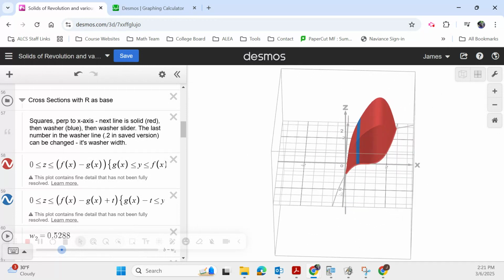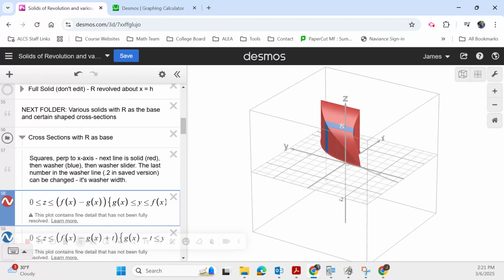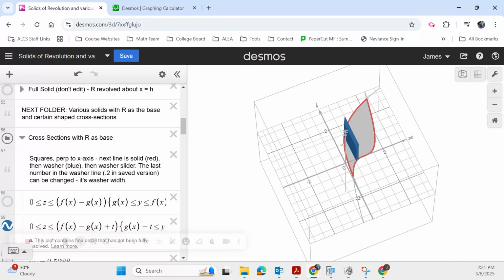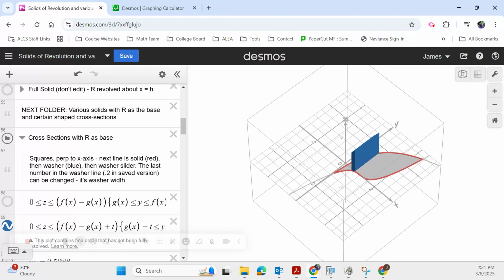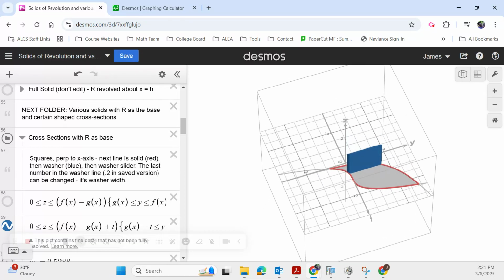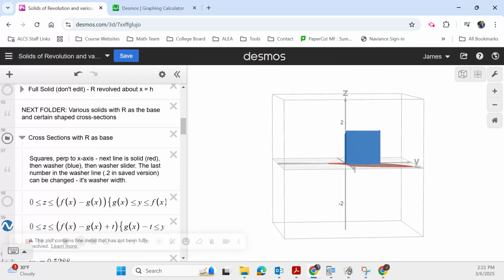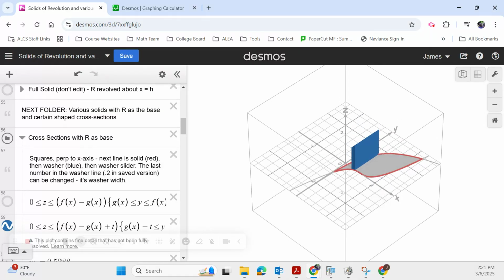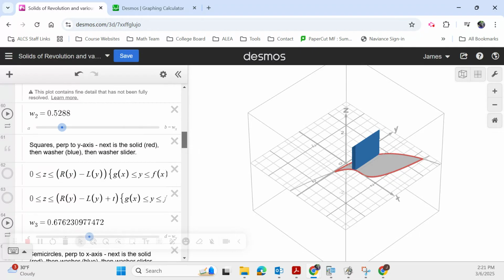And it's kind of a weird little shape. Might be easier to see actually if I take out the solid for a second and you just look at the square cross section. So if I'm looking at it from this kind of angle here, you can see how that's a square. And that square cross section, we can slide it through this region.